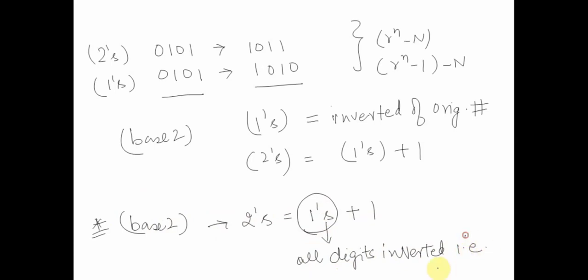That is, 1 becomes 0, 0 becomes 1, right? So this is one of the important applications of digital systems, where whenever we have to find a negative of a number, what we simply do is we look for 2's complement. 2's complement is nothing but negative of a number.